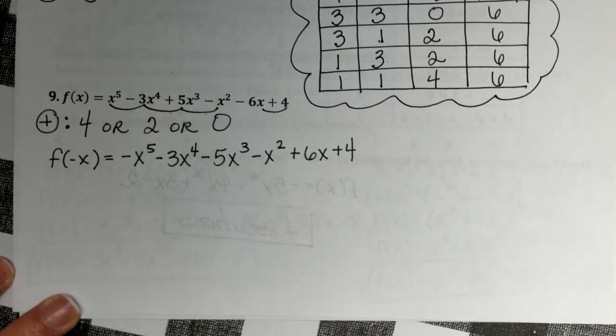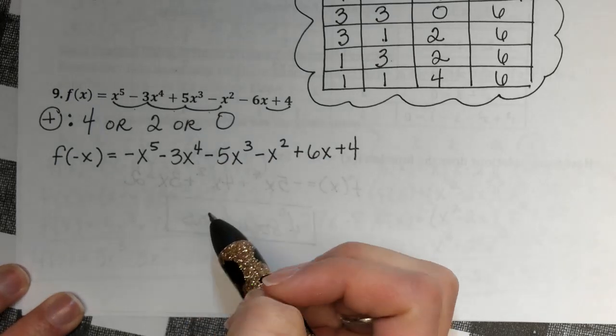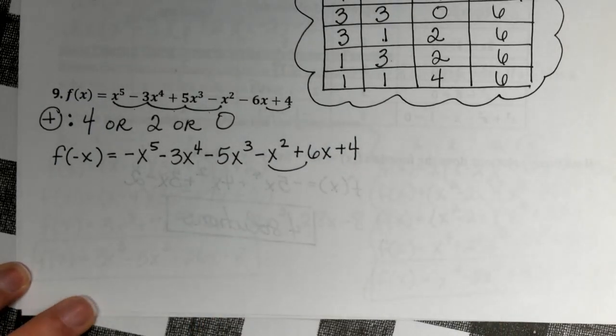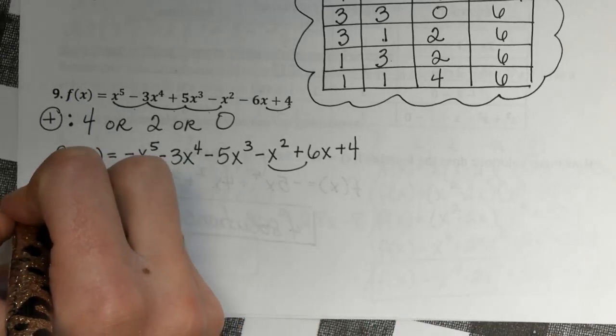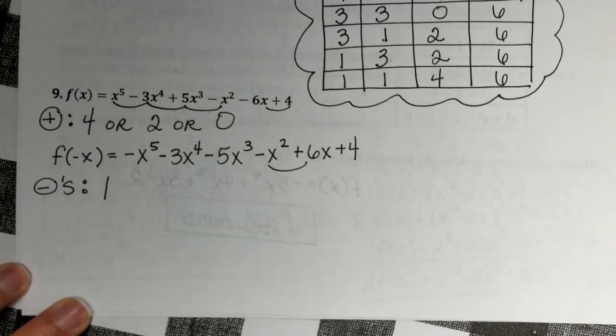Do we all understand how we got that? Okay. So then sign changes don't happen except for that one time. So my possible negatives are just 1. I have exactly 1. Okay?